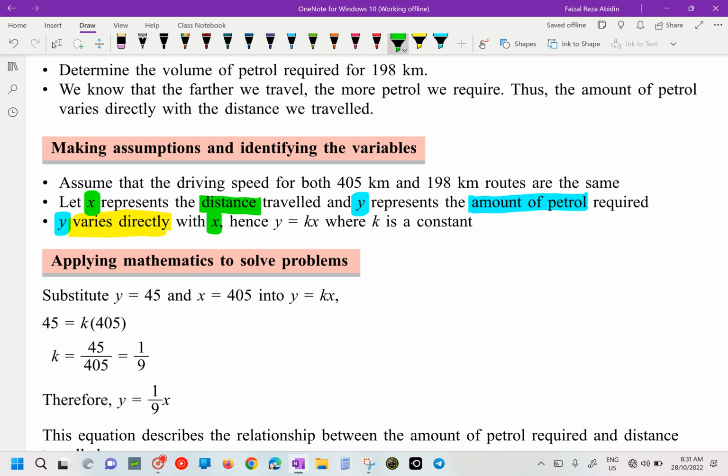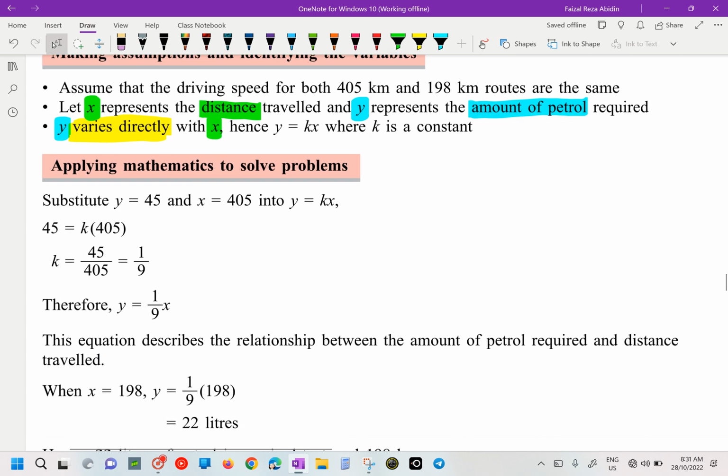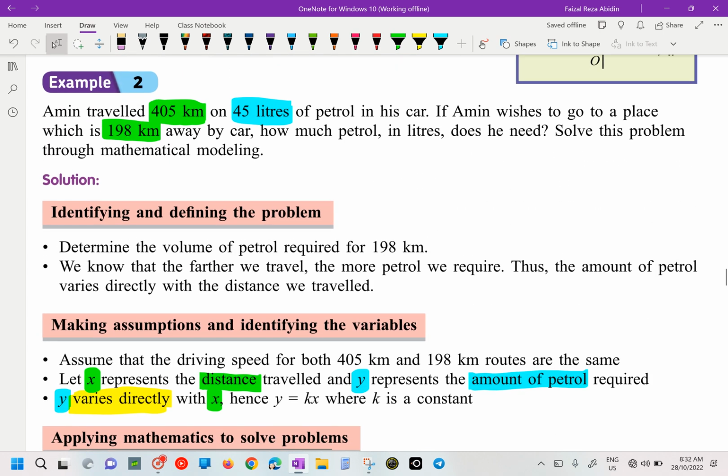So we are going to apply mathematics to solve problems over here. Substitute y equals 45 and x equals 405 into y equals kx, means that we are going to find our constant k. So k here is 1 over 9. Then we are going to use the same variable, but we are going to substitute with the value of our x, 198 kan? Sebab tadi dia tanya 198 km kan?